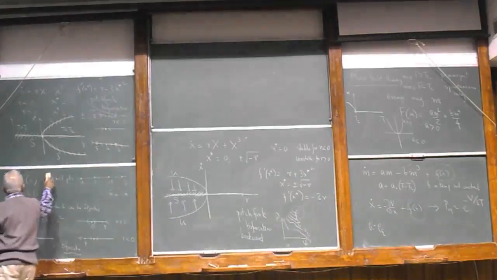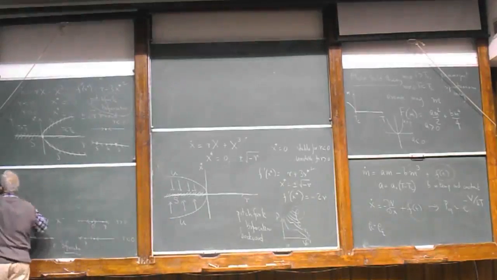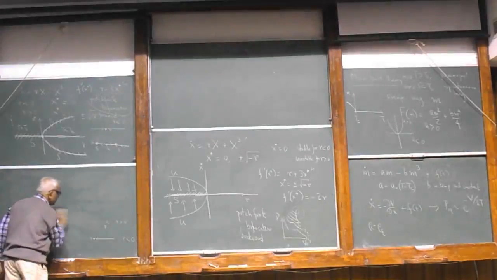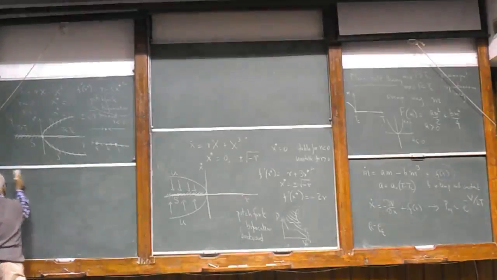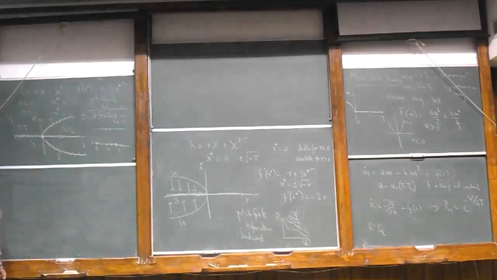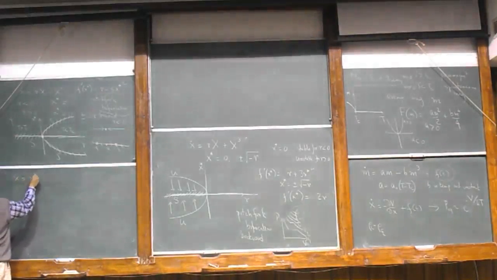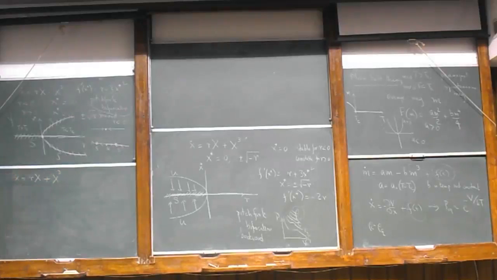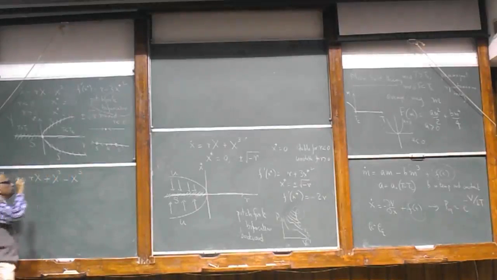I will start from x dot equal to Rx plus x cubed and put x minus x to the fifth over here.